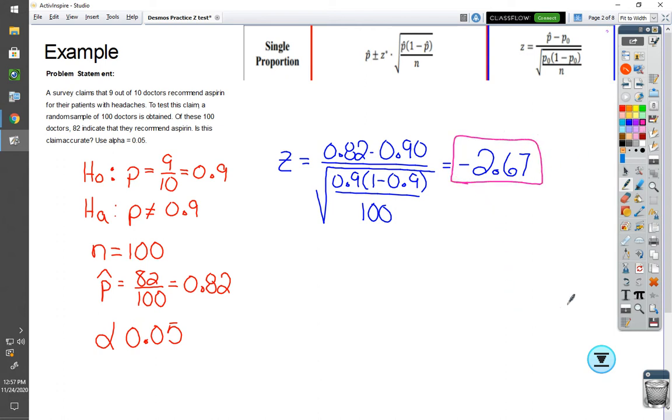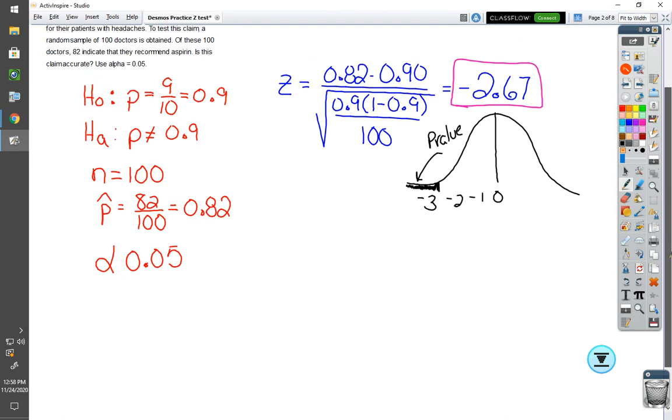So what do we have to do with that z value? Well, if we think about a standard normal distribution, centered on 0, we have a test statistic somewhere between negative 2 and negative 3, attempting to become more extreme. Our job is to calculate the p-value and make a determination from this z statistic.